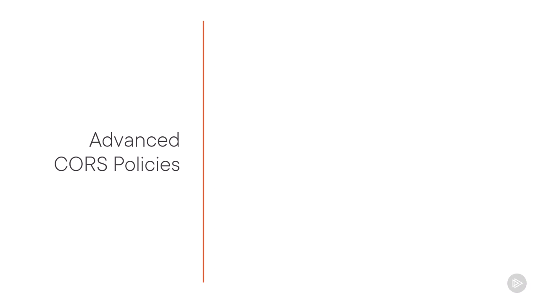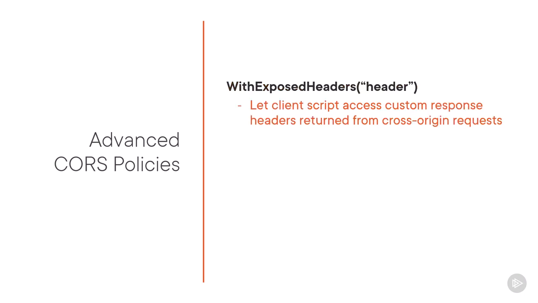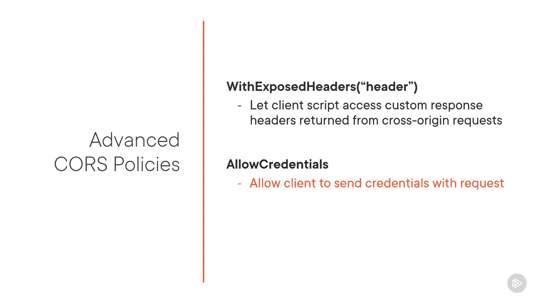Browsers normally restrict response header access to a small set of simple headers for cross-origin requests. If you want to allow clients to access more headers, you must specify them with the WithExposedHeaders command. Also, by default, browsers do not send credentials when requesting cross-origin resources.